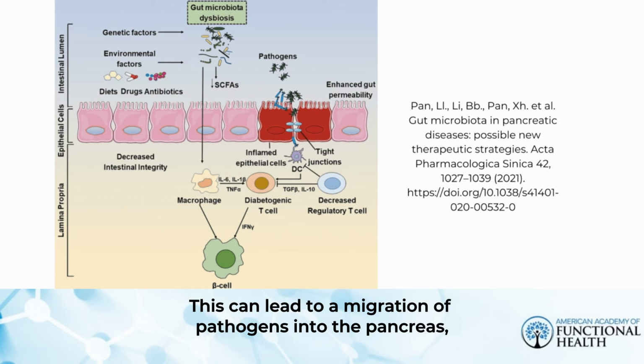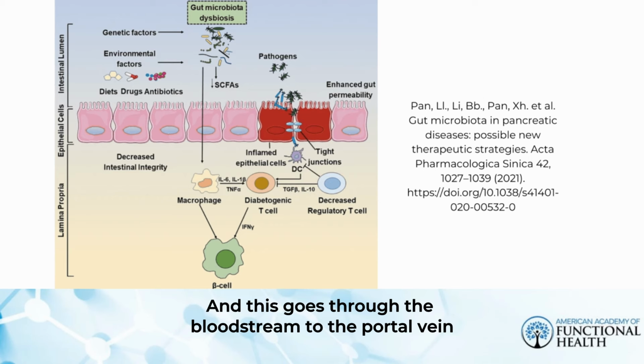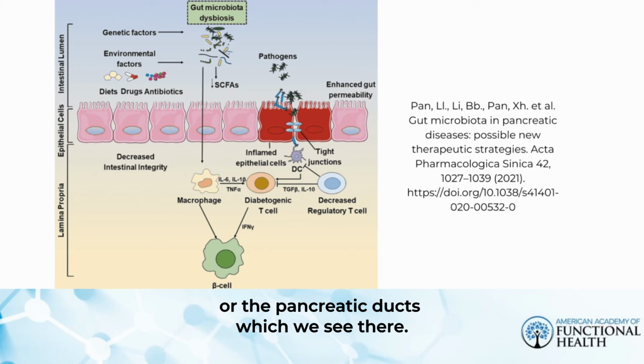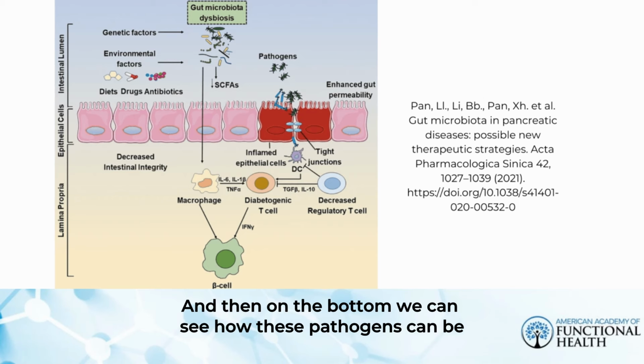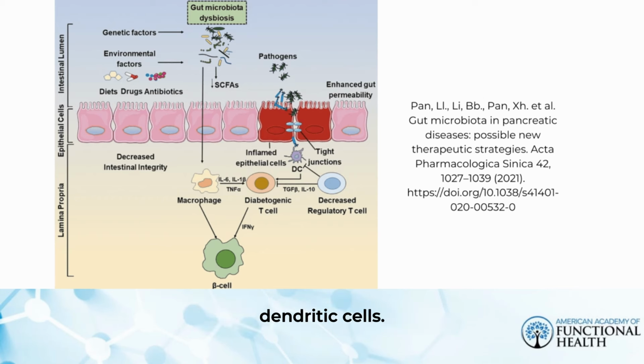This can lead to a migration of pathogens into the pancreas, which is responsible for the beta cells and insulin. And this goes through the bloodstream to the portal vein and the pancreatic ducts, which we see there. And then on the bottom, we can see how these pathogens can be taken up by antigen presenting cells, including macrophages, dendritic cells.